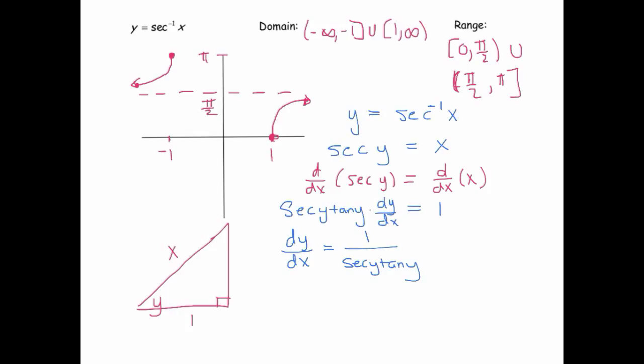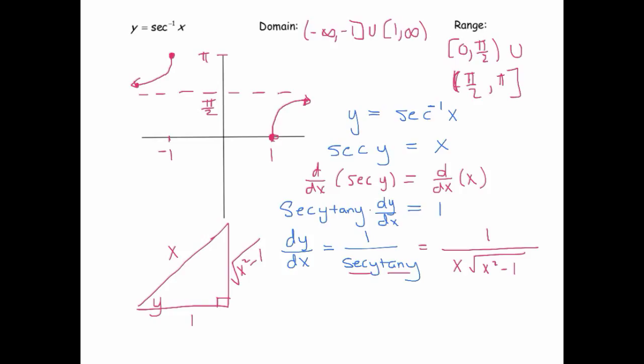And then by the Pythagorean theorem, this side is the square root of x squared minus 1. And so the secant of y is equal to x, and the tangent of y is equal to the square root of x squared minus 1.